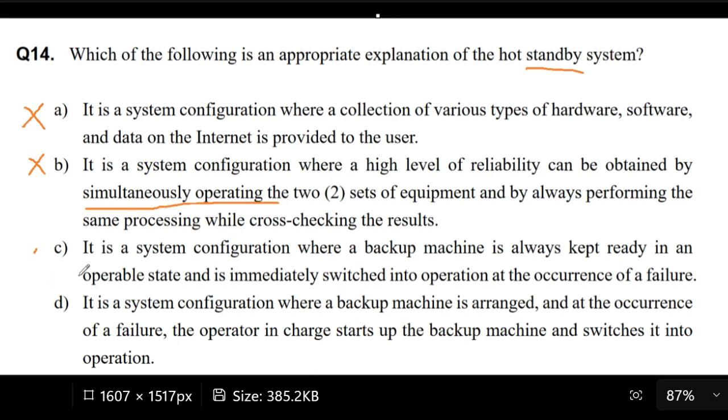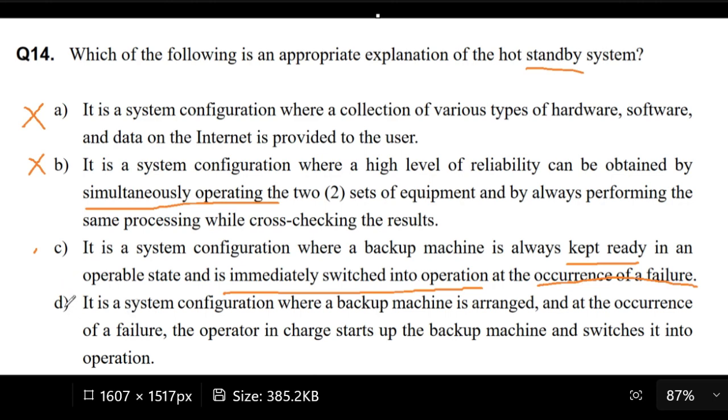And by the way, I said this one sounded okay because there is a keyword here which is kept ready, occurrence of a failure, and then what else? Immediately switched into operation. Okay, so those are the keywords, key phrases.